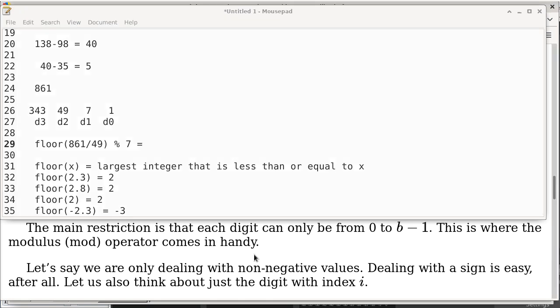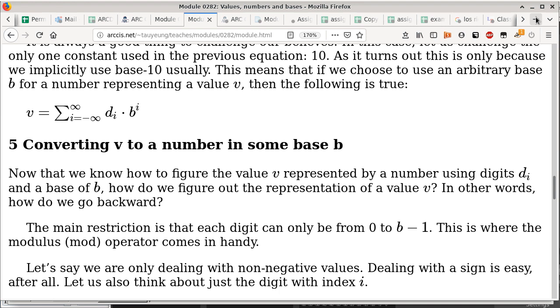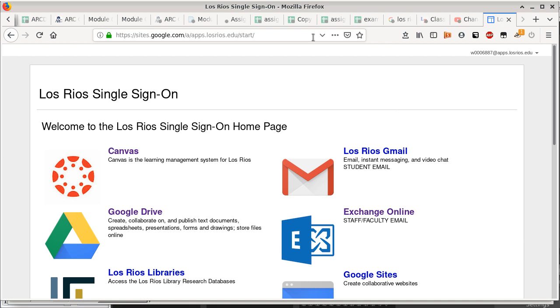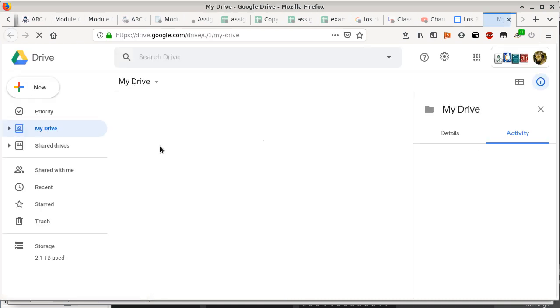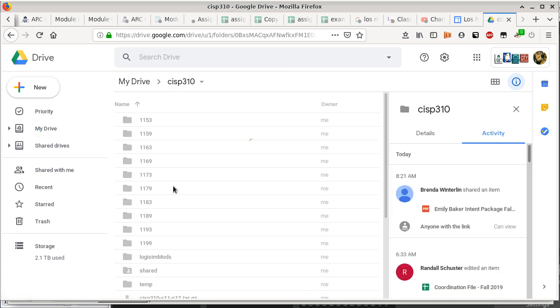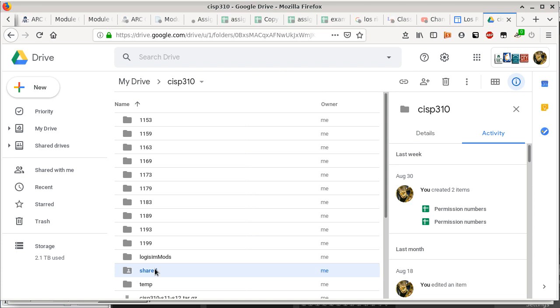So let me work out the spreadsheet in this case. Instead of using a regular spreadsheet like LibreOffice or Microsoft Office, I am going to apps.losrios.edu, so I can share with you the spreadsheet that I have done in today's class. We go to Google Drive, go to cisp310, and there's a folder here that is already shared with you.